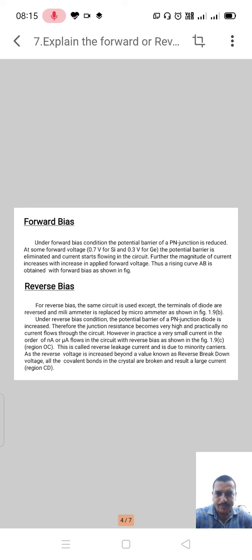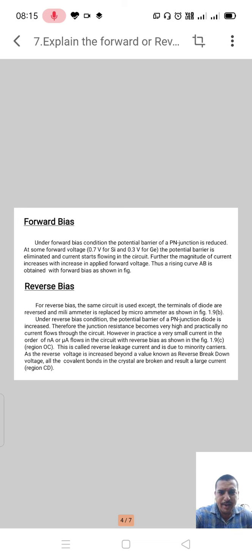Forward bias. Under forward bias condition, the potential barrier of a PN junction is reduced at some forward voltage, 0.7 volt for silicon and 0.3 volts for germanium. The potential barrier is eliminated and current starts flowing in the circuit.